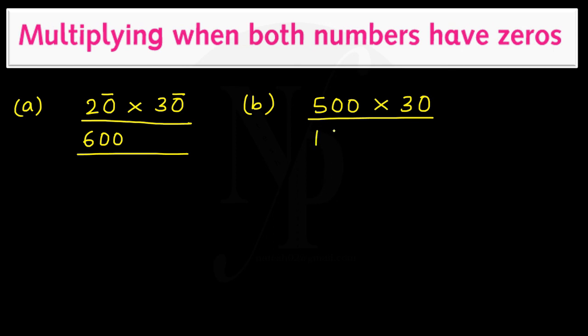We write 15. After that, let us count how many zeros we have here. 2 zeros here and 1 zero here. Therefore, we should write 3 zeros in this answer to the right of 15. 1, 2, 3. Therefore, 15,000 is the product of 500 and 30. So like this, we can multiply when both the numbers to be multiplied are having zeros.